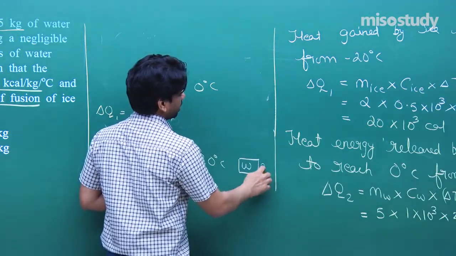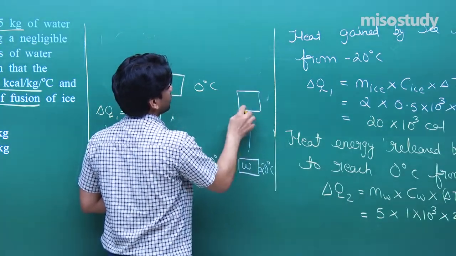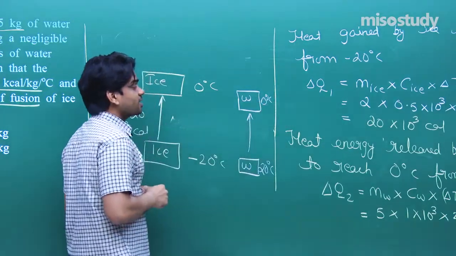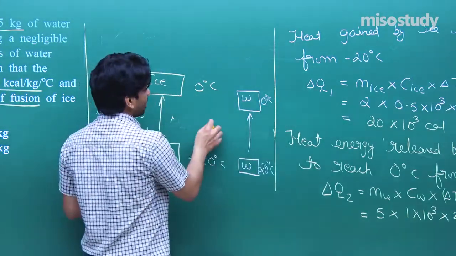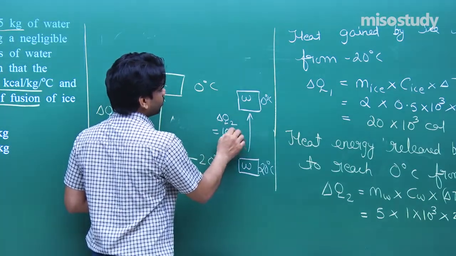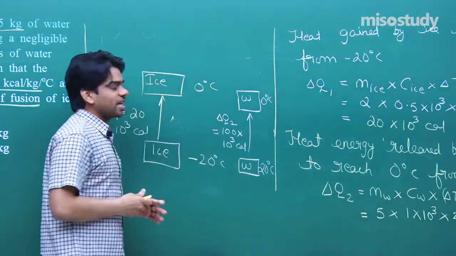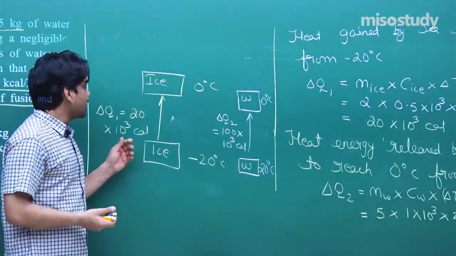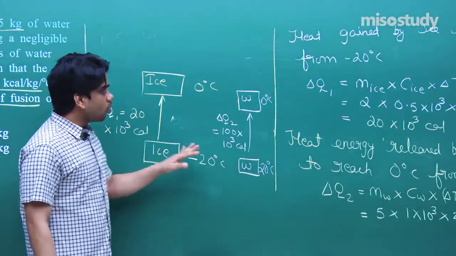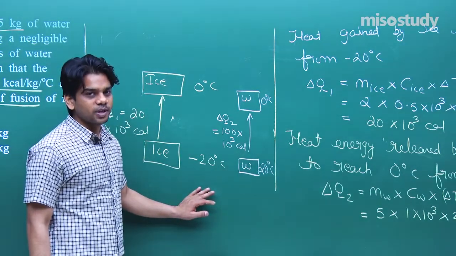The heat energy released by water, delta Q2, came out to be 100 into 10 to the power 3 calorie. To reach 0 degree Celsius, ice needs 20 into 10 to the power 3 calorie, and water has released 100 into 10 to the power 3 calorie. That is what we can see up till here.